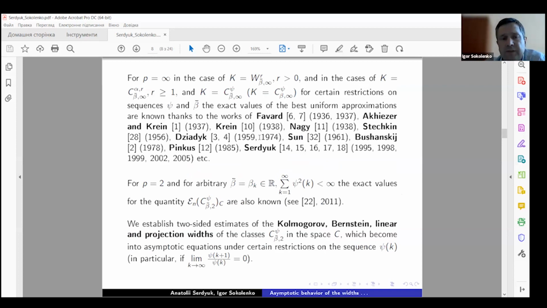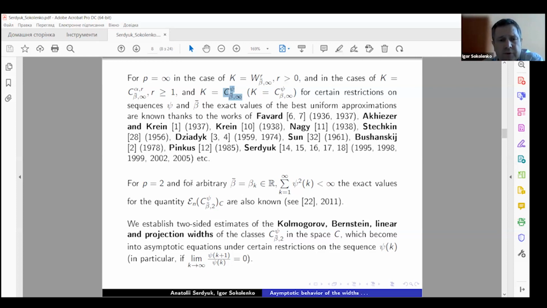For p equal to infinity, in the case psi(k) equal to k^{-r}, r greater than 0, and in the case C^alpha_{r,beta,infinity}, r greater than or equal to 1, and in the case C^psi_{beta,infinity}, for certain restrictions on the sequence psi and beta, the exact values of the best uniform approximations are known thanks to the works of Favard, Akhiezer and Krein, Nagy, Stechkin, Dzyadyk, Sun, Ushansky, Pinkus, Serdyuk, and others.